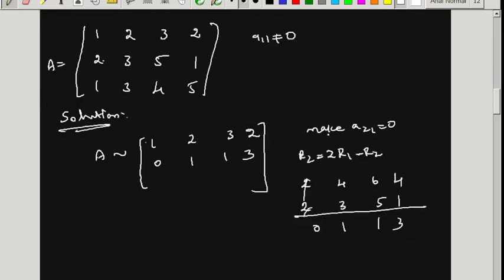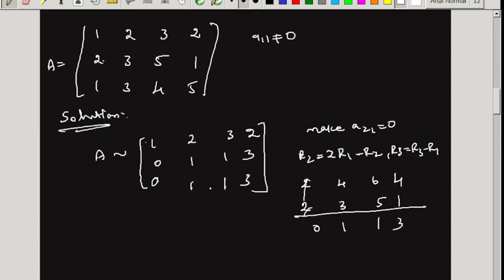Now this one we should make 0. So here we can subtract directly, we get the answer. R3 is R3 minus R1 or R1 minus R3, we can do. 1 minus 1, 0. 3 minus 2, 1. 4 minus 3, 1. 5 minus 2, 3.